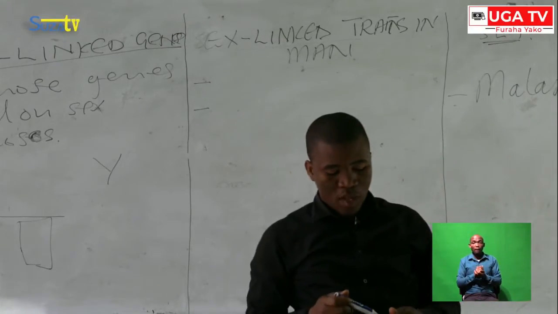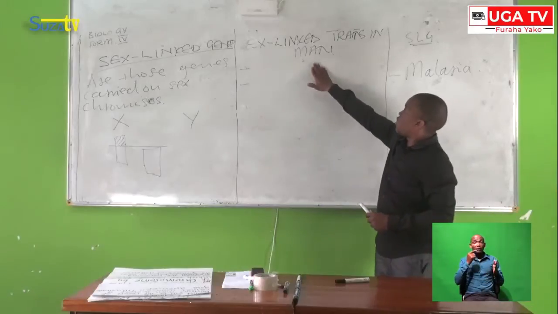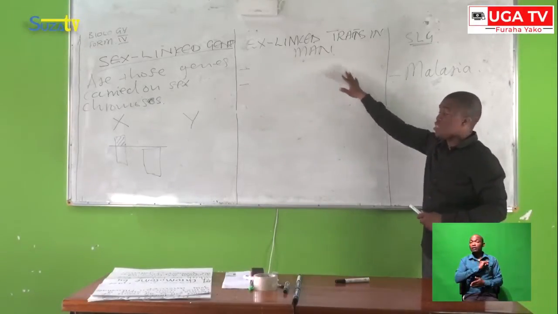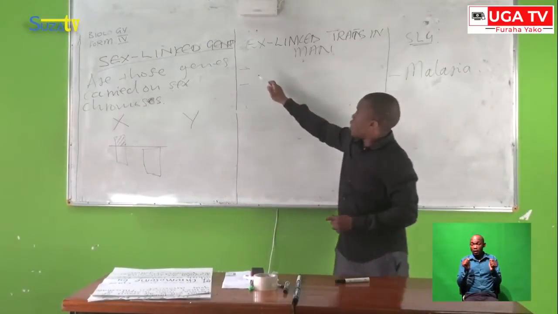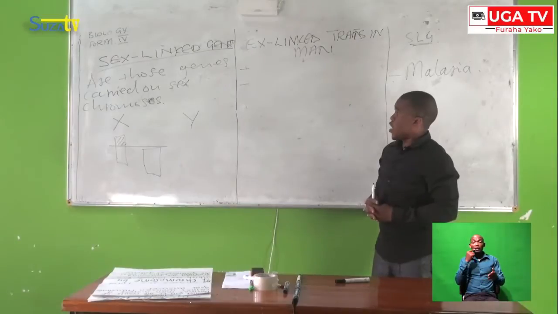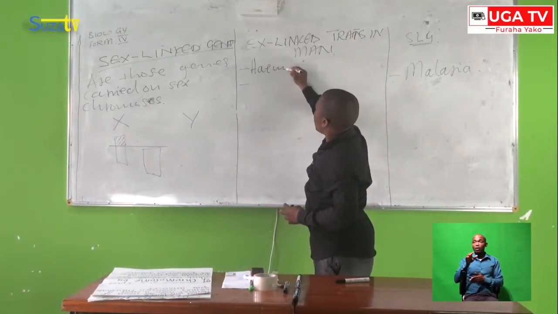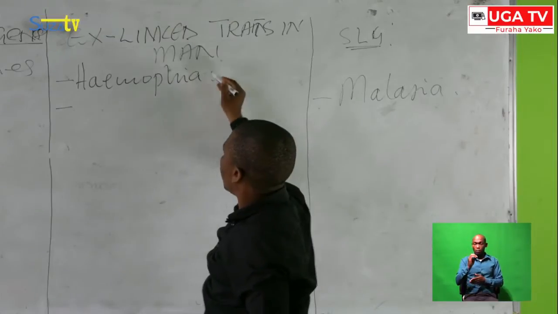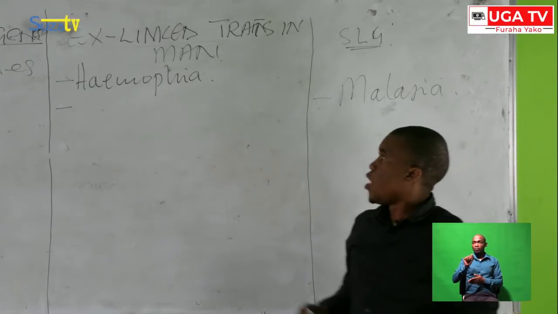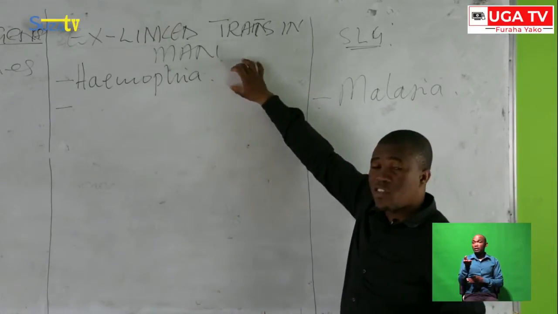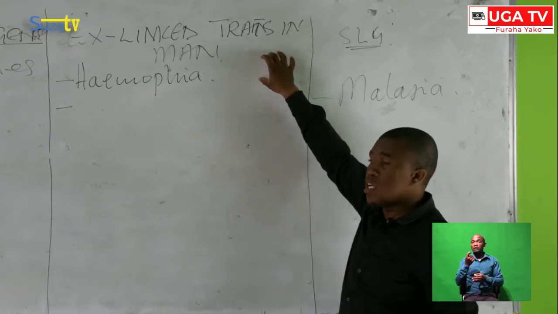Our fellow said an example of sex-linked traits in man is malaria. It is good, but the example of these traits is what we call hemophilia. Can you say hemophilia?